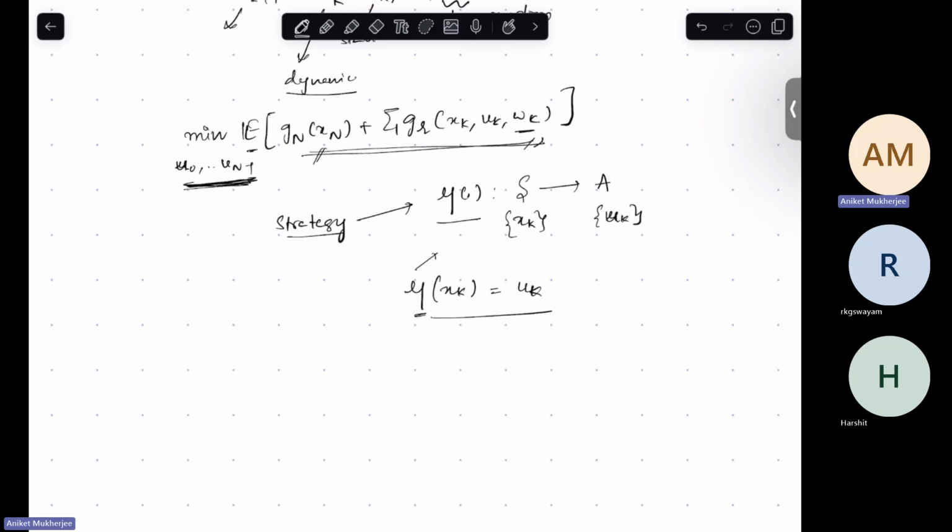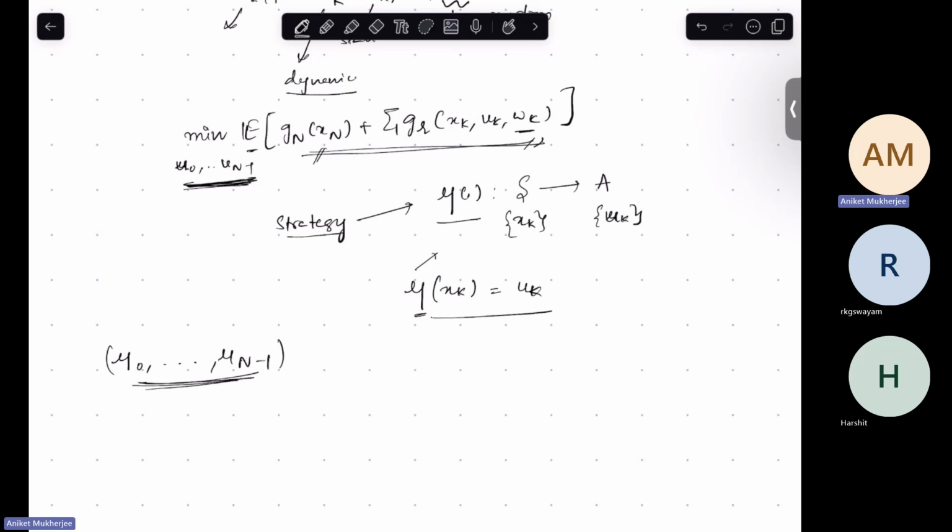Now you have these strategies, mu_0 to mu_{N-1}. This is a sequence of your strategy functions.